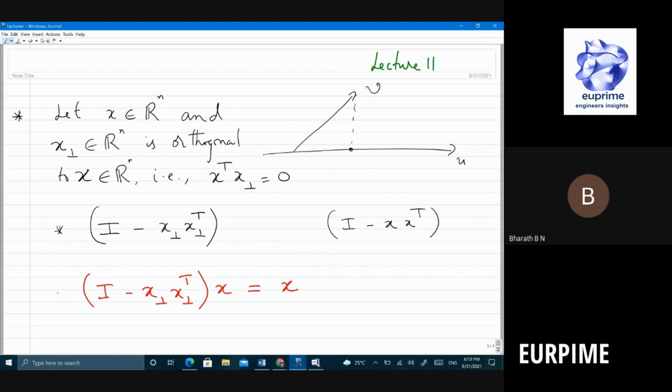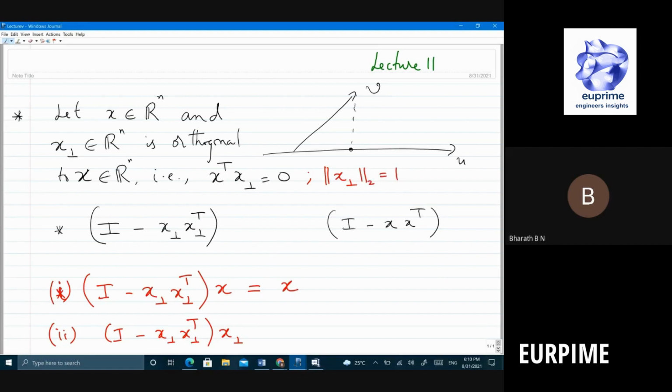Let's look at another property. So maybe we'll write it as 1. What is the other property? So suppose I take this and I multiply by X perp, what do you get? Well, let's also add a condition here. Okay, so let's assume that this X perp has unit length.